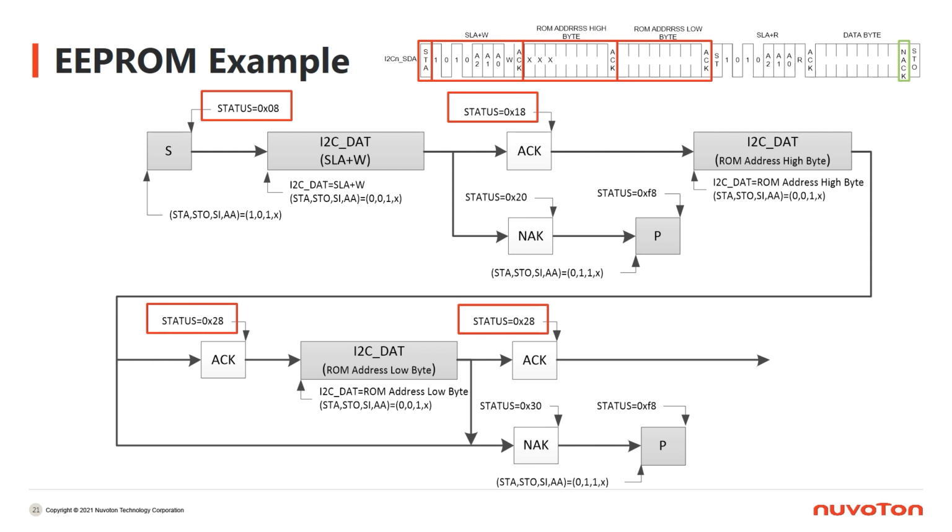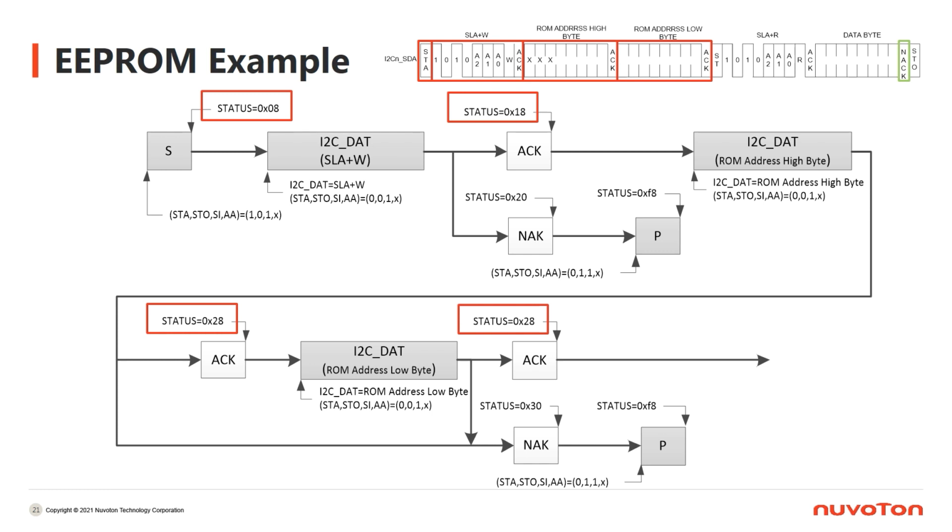The status register then is changed to hex value 08. After getting an ACK from sending the slave address and the write bit, the status register is changed to hex value 18. Then, the master has to send two data chunks to identify the EPROM address.